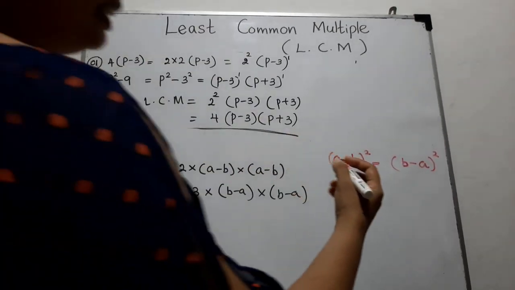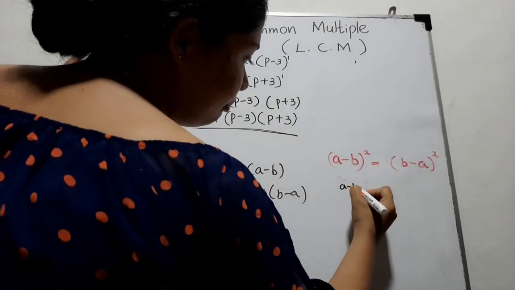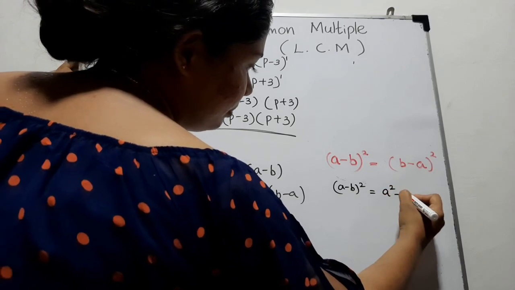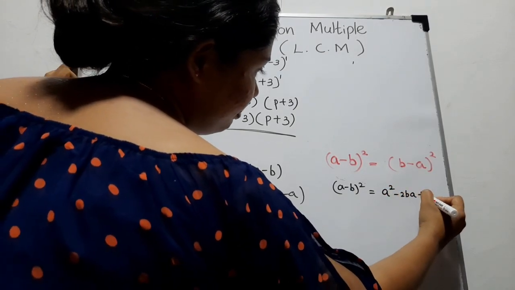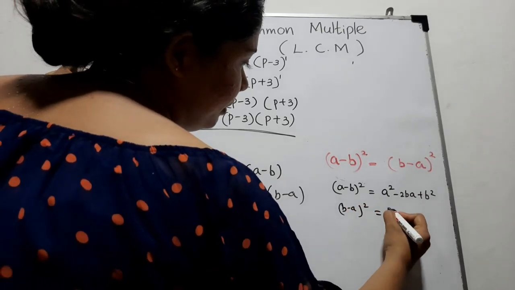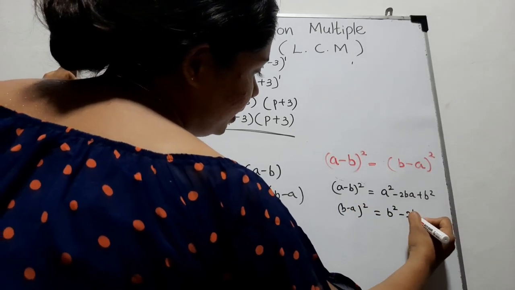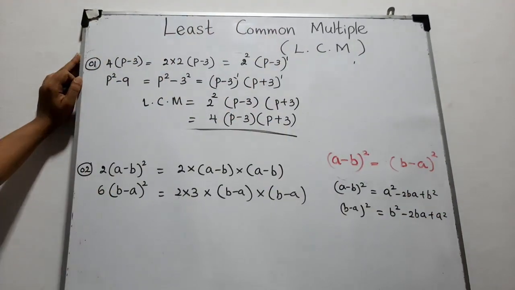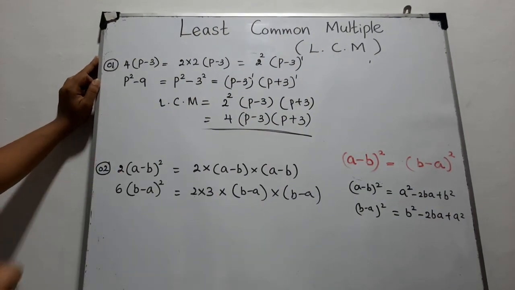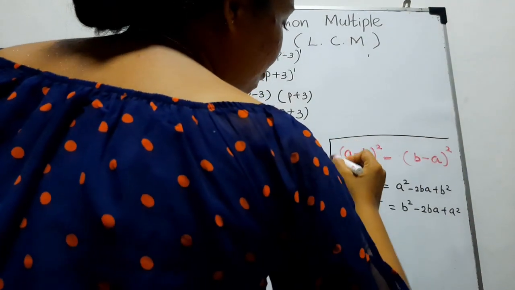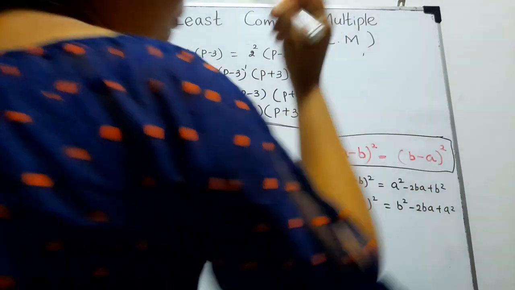Let's see whether it is correct or wrong. Let's simplify (a minus b) squared: a squared minus 2ab plus b squared. (b minus a) squared: b squared minus 2ab plus a squared. You can see both expressions are equal. So we have to keep this important fact in our mind.